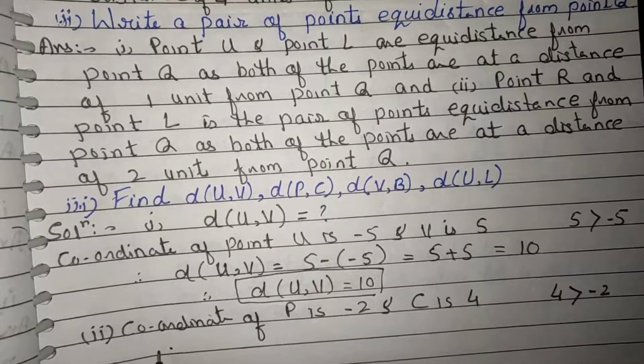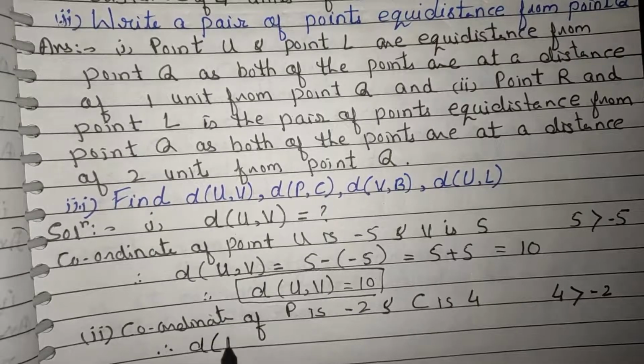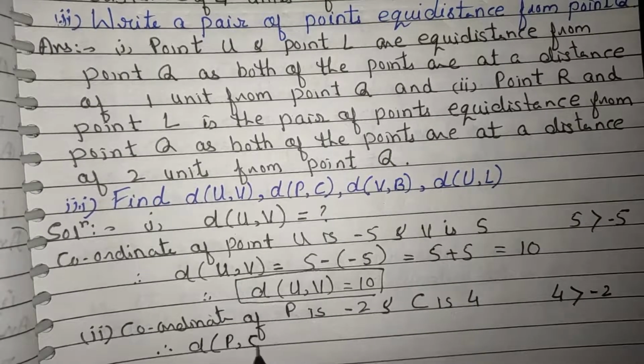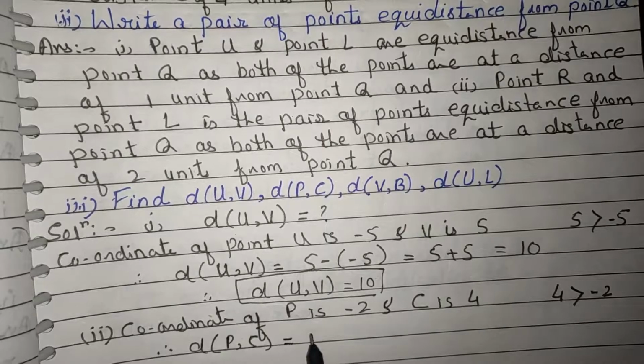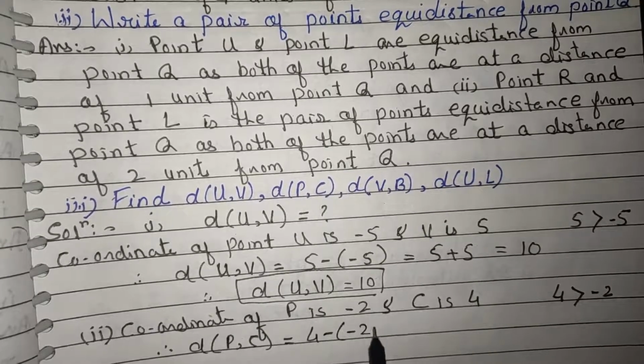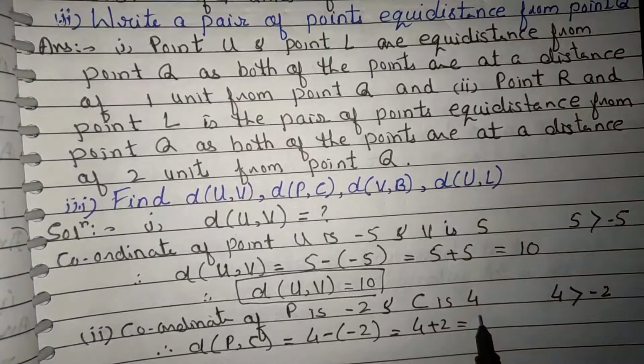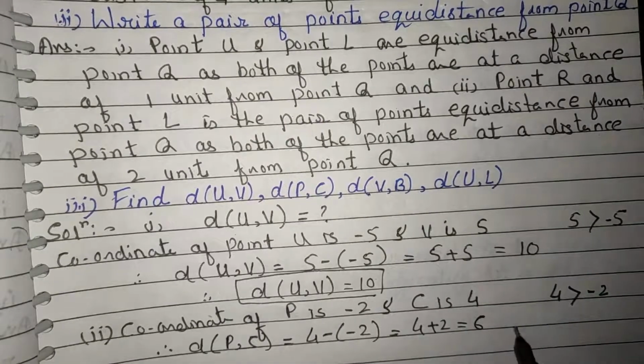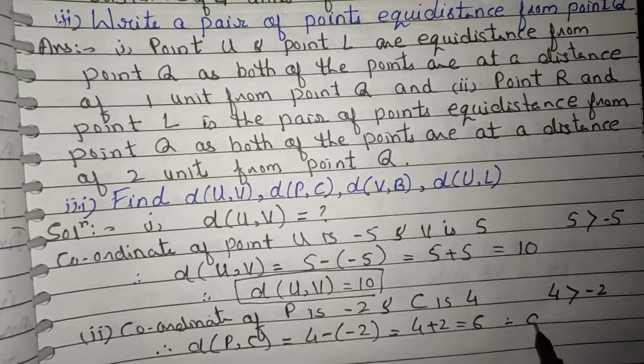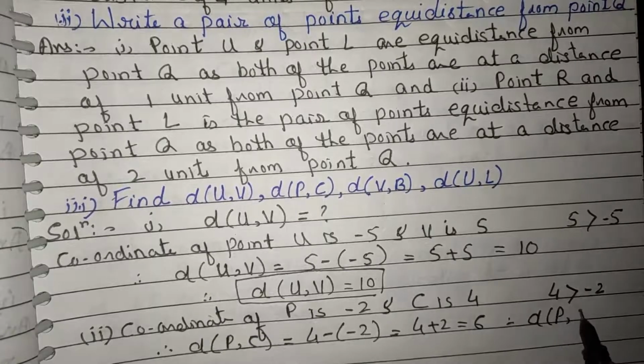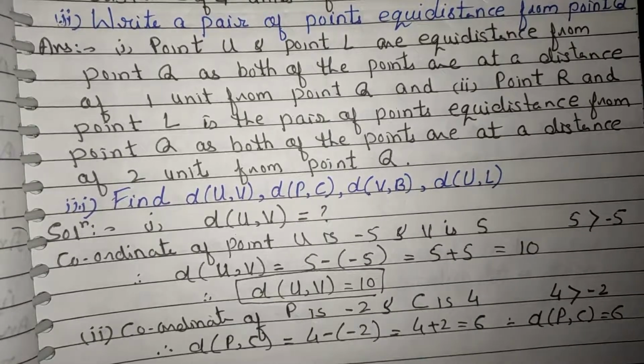Therefore, distance between points PC is equal to 4 minus of -2, which is equal to 4 plus 2 means 6. Therefore, the value of distance PC is equal to 6.